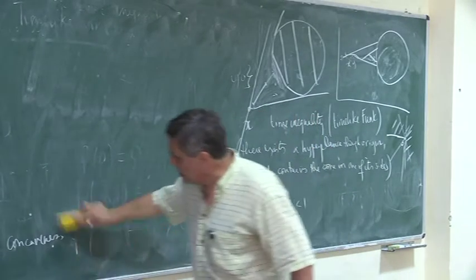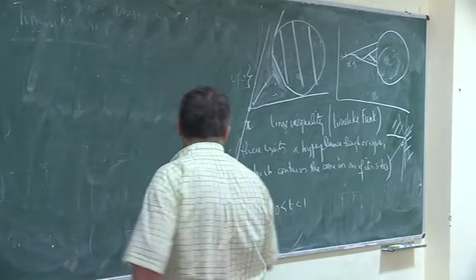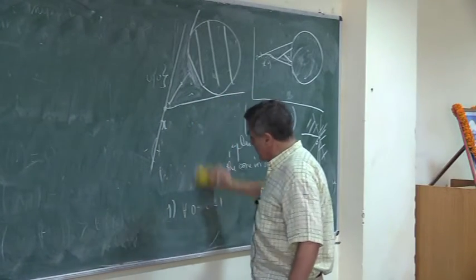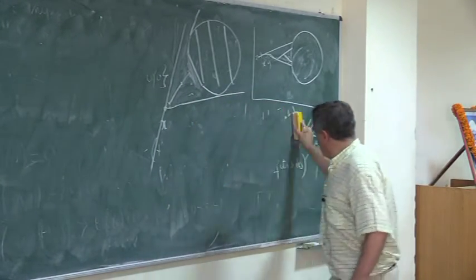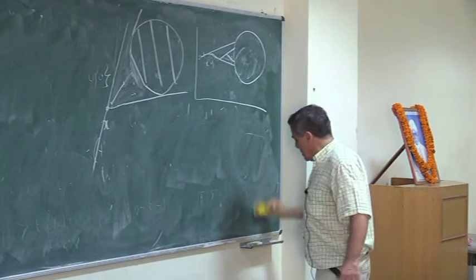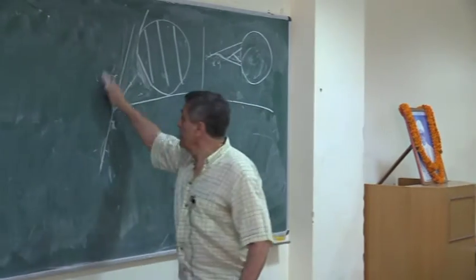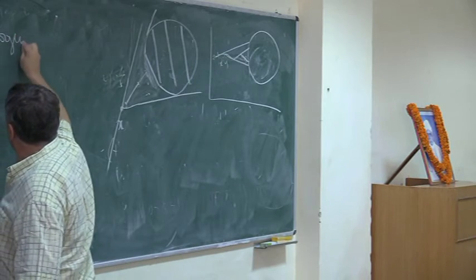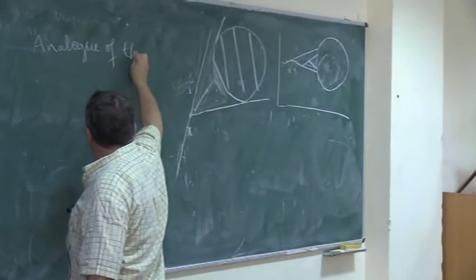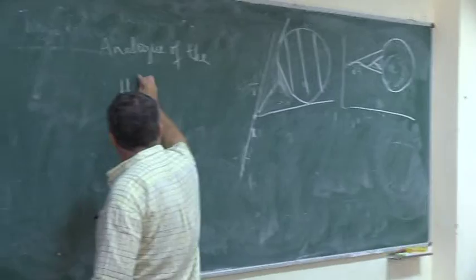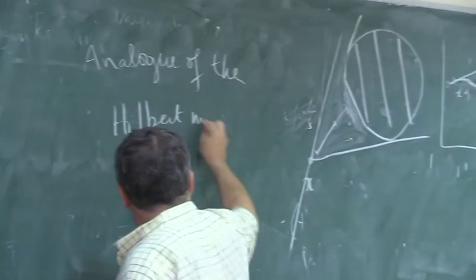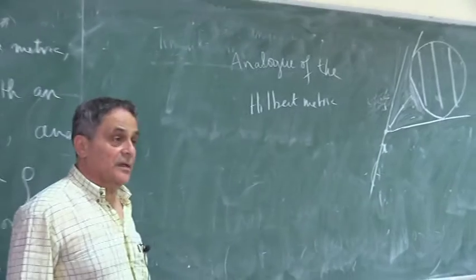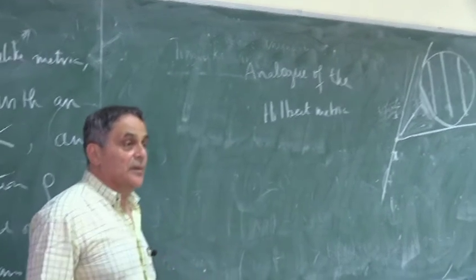And then the next thing you want to define is the analog of the Hilbert metric. So you want to define a time-like Hilbert metric.